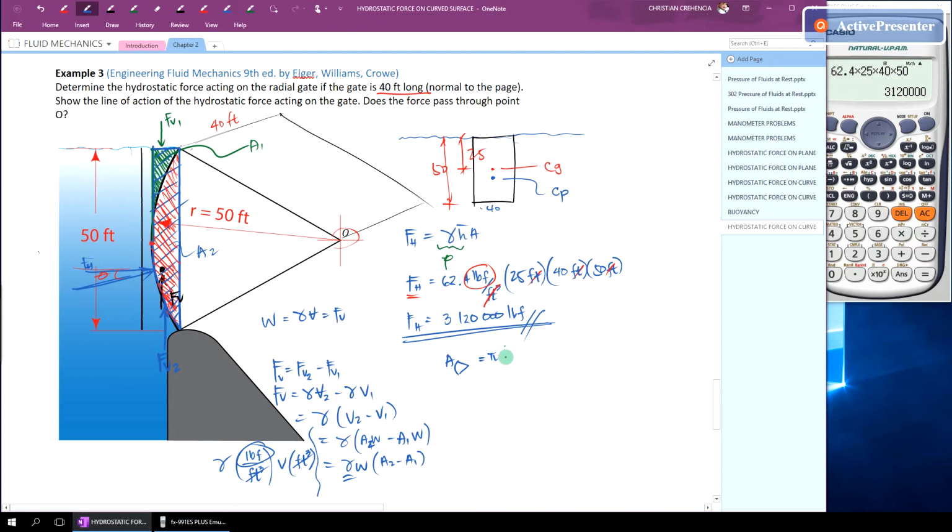Okay, so r natin, radius is 50 feet. Pero ang kailangan nga lang natin is this portion of the circle. So anong portion yun ng circle? So that is, by the way, this is 60 degrees. So para natin nakuha yung 60 degrees, so kung meron tayong, kung kunin natin itong gitna.